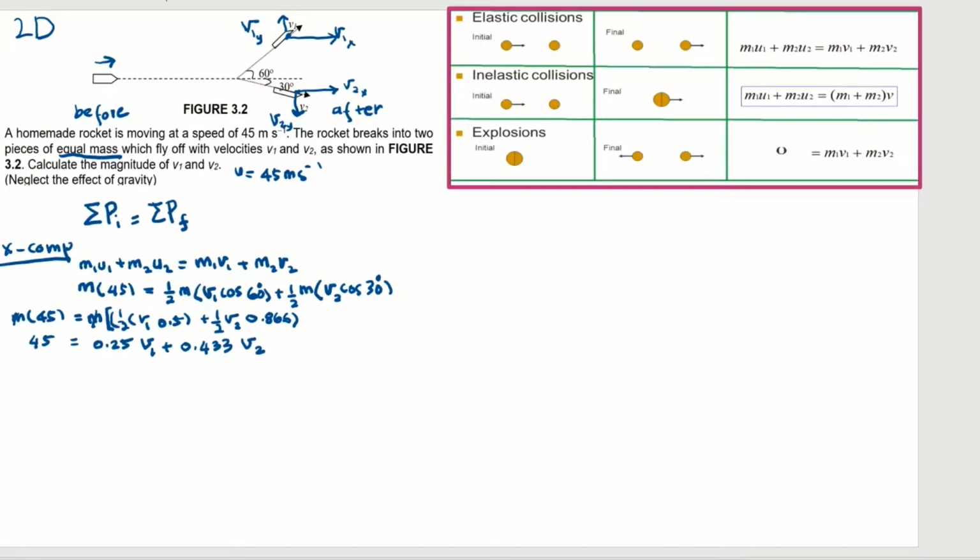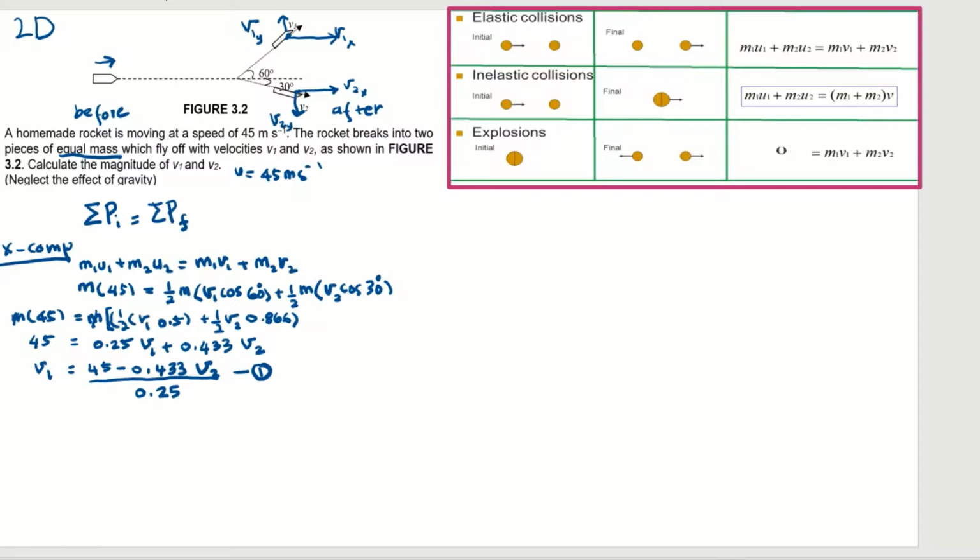So you have two unknowns here. You can choose v1 or v2 as the subject. Bringing forward the minus 0.433 v2, you get v1 equals (45 minus 0.433 v2) divided by 0.25. And this is the first equation.